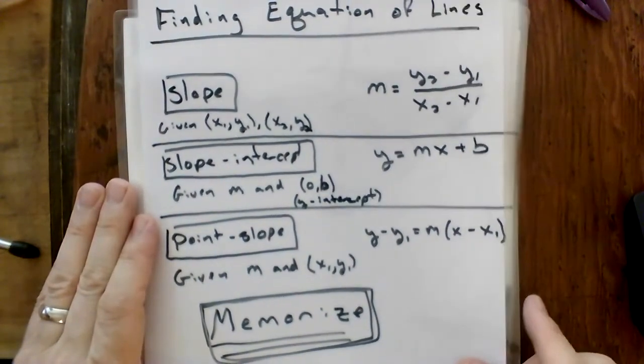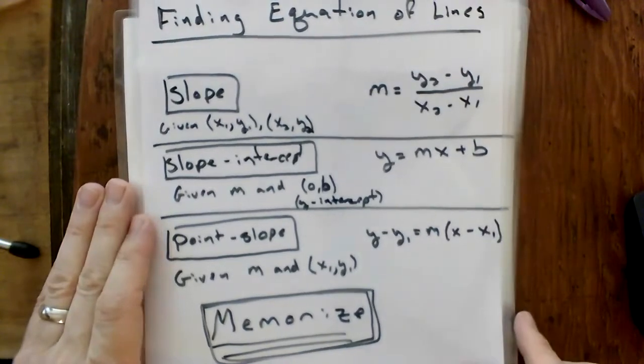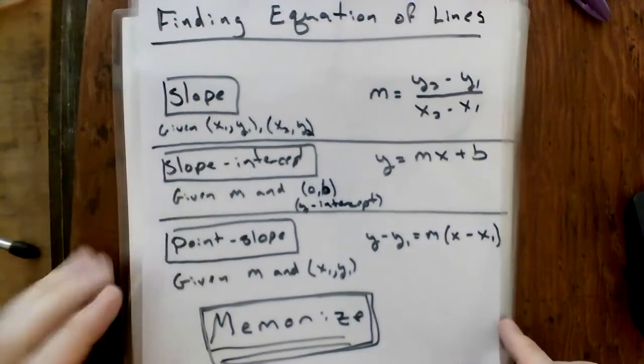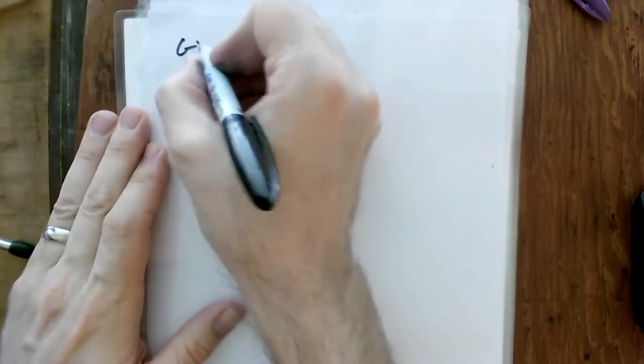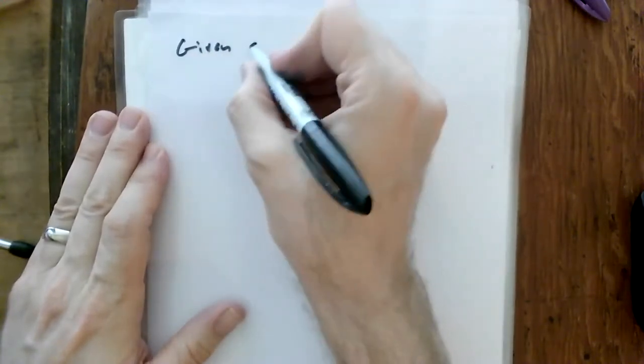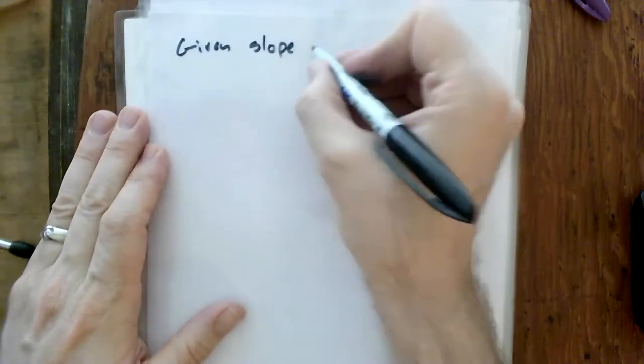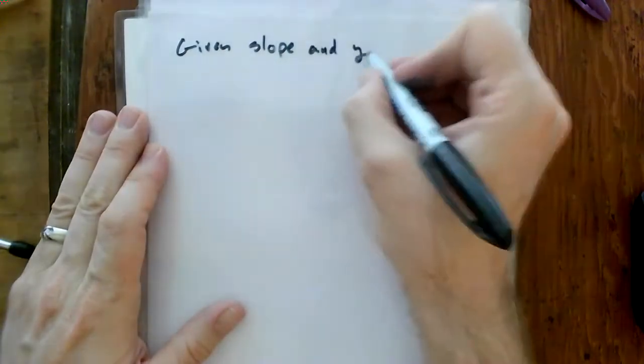Well, let's go through, and I'm going to start with our easiest one to use. I'm going to start by finding some equations of lines given our slope and the y-intercept.